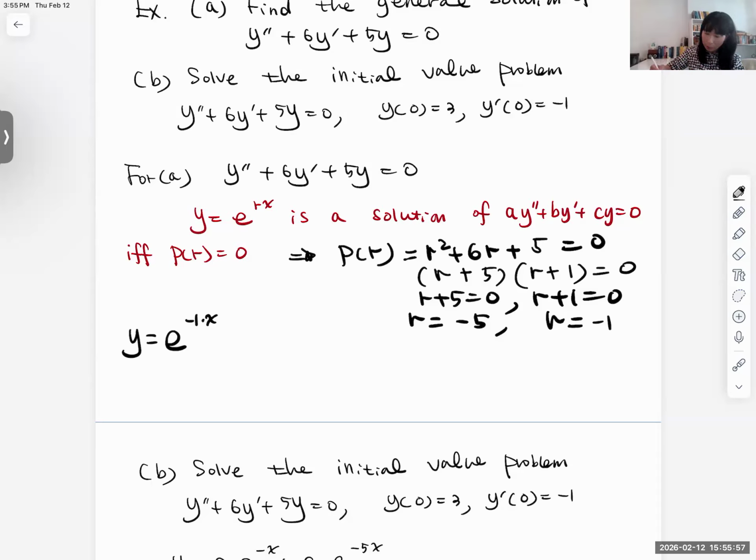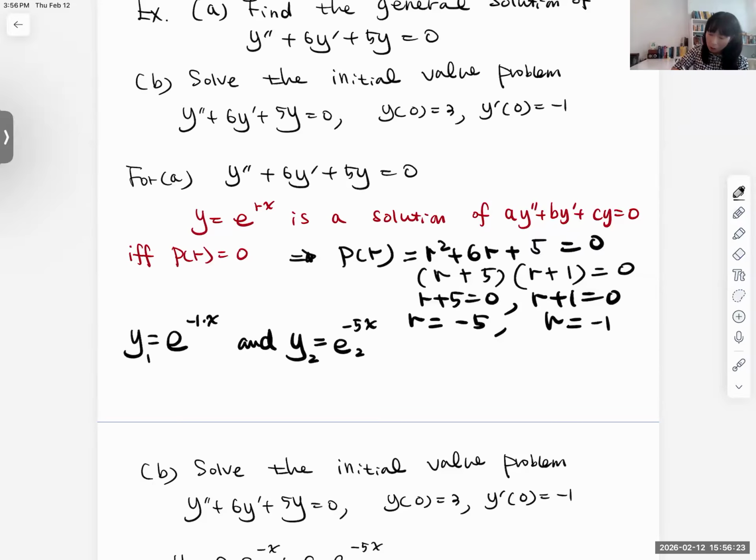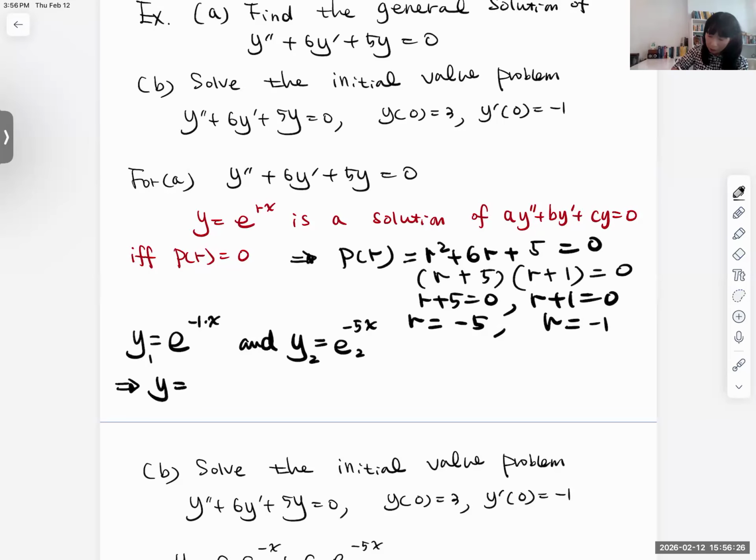So there will be y equal to e to the r, in this case negative 5x, yeah? Okay, so let's label y sub 1 and y sub 2, yeah? Then from previously we have the linear combination, right? So we have y equal to c sub 1 y sub 1 plus c sub 2 y sub 2.